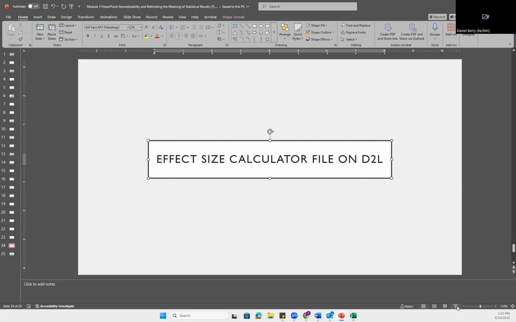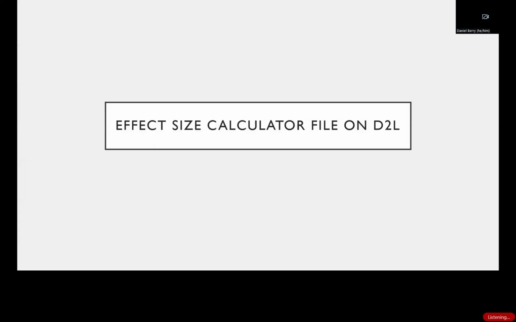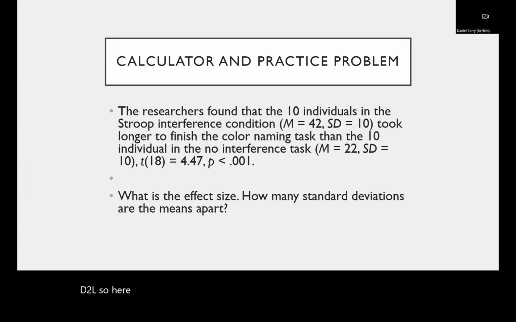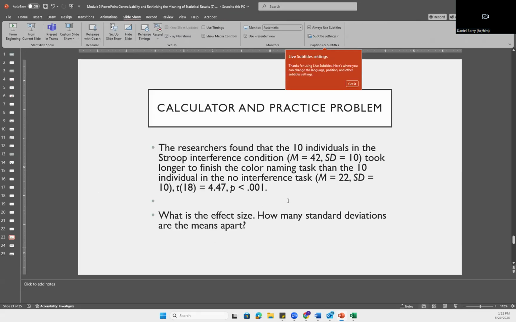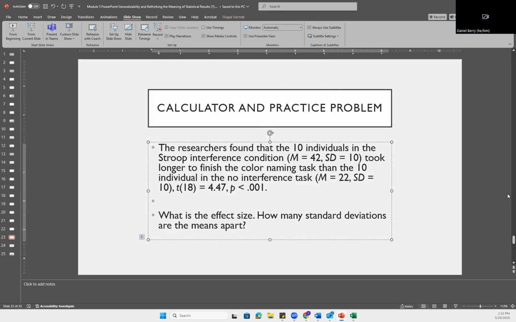You can find this on D2L. So here we would have had a large effect size, and we would report it like so. Our d is lowercase and italicized, and we found a value equal to 2 in our calculator.